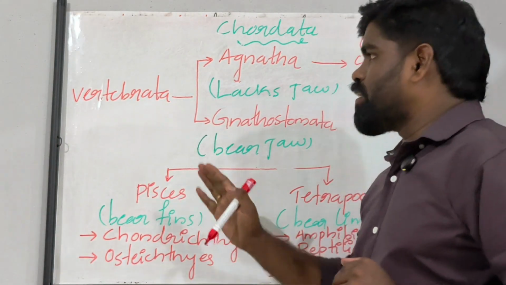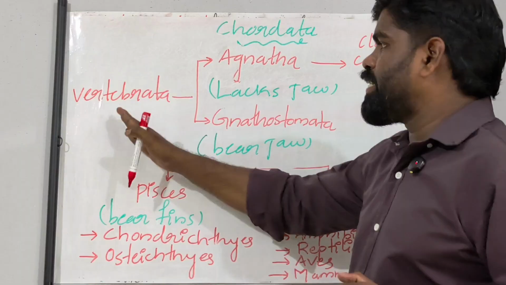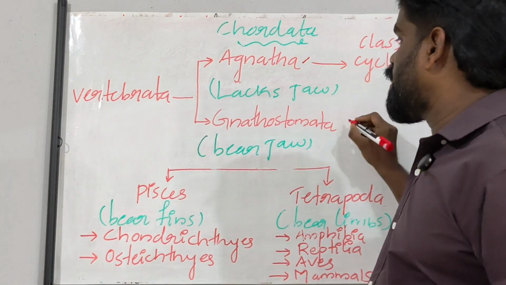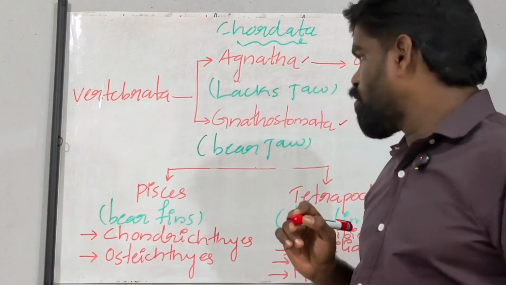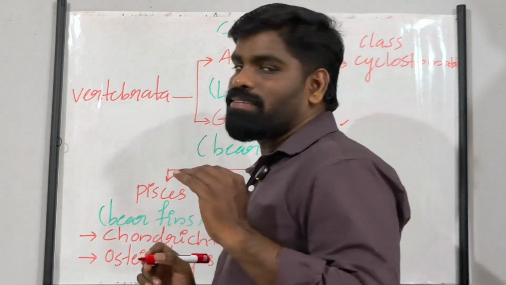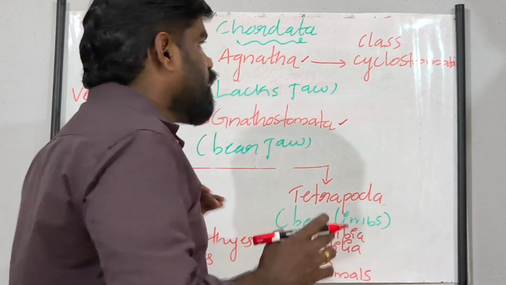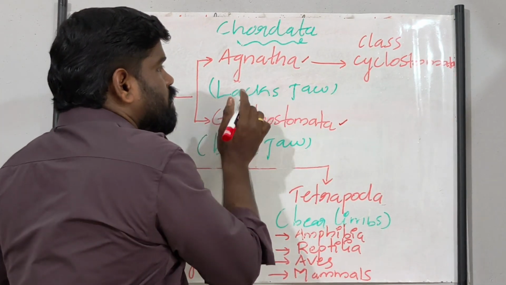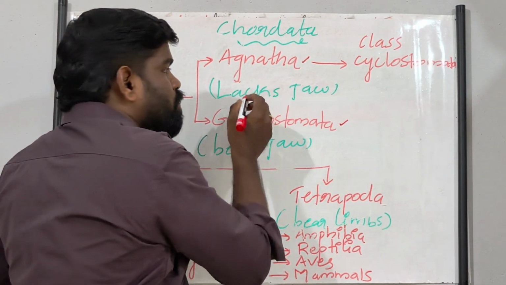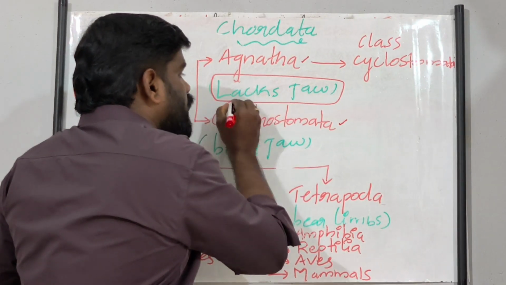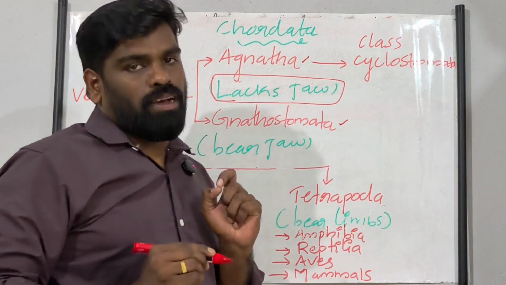Now look here, vertebrata is categorized into Agnatha and Gnathostomata. Agnatha means the group of organisms which lack jaws. So the jawless organisms come under Agnatha.